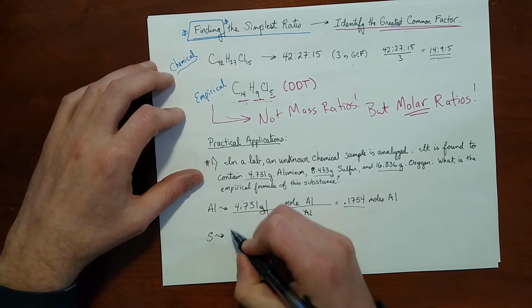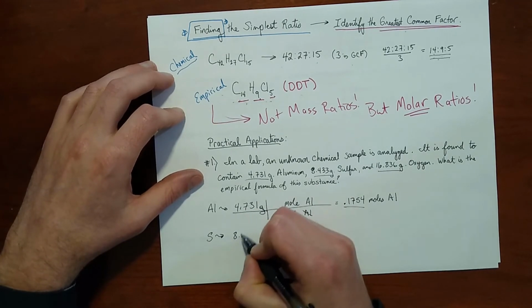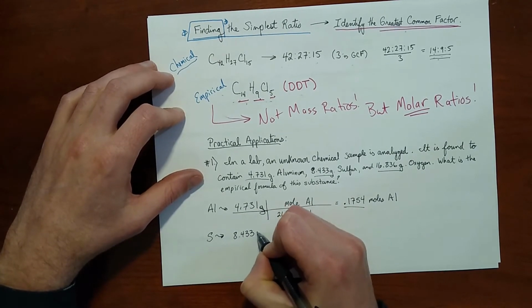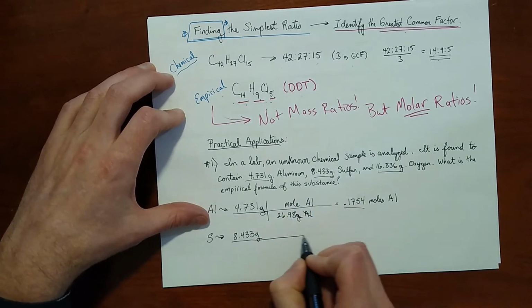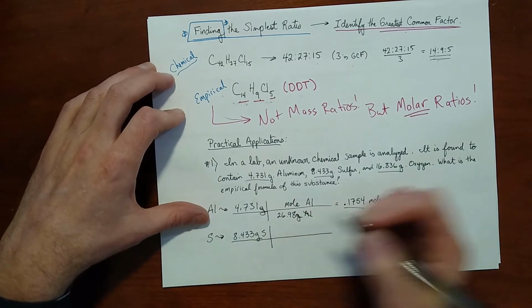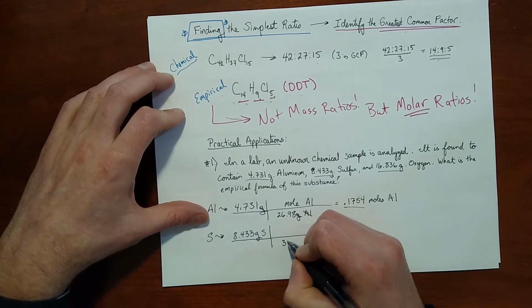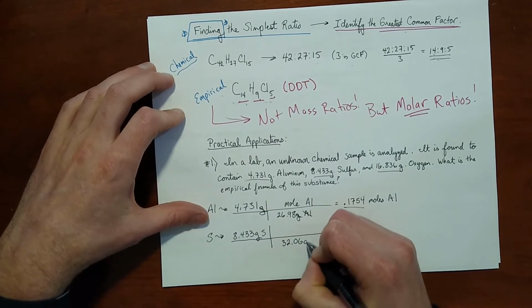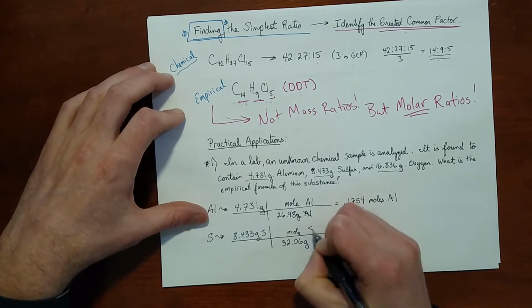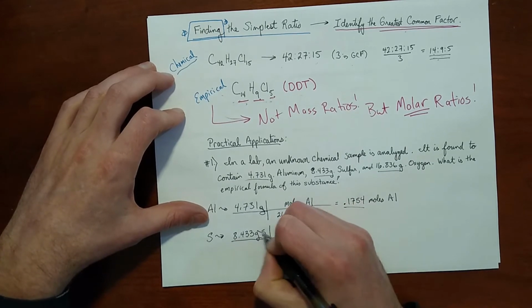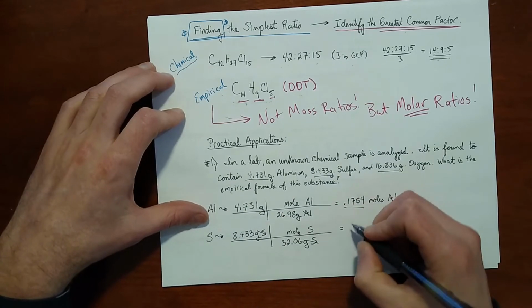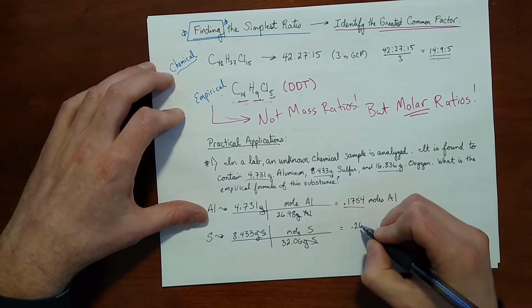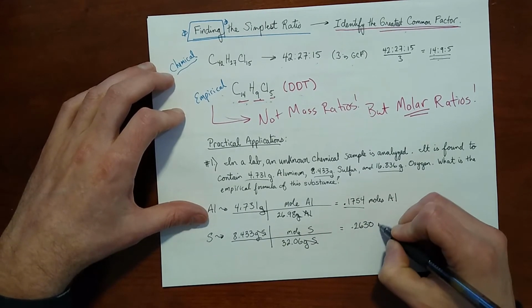Okay, for the sulfur, we find that there are 8.433 grams of sulfur. And for sulfur, the molar mass is 32.06 grams per mole. So this is equivalent to 0.2630 moles of sulfur.